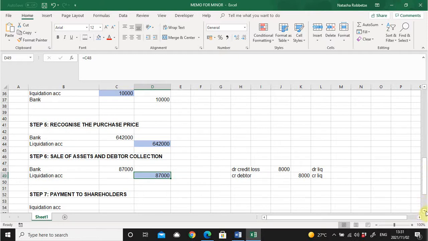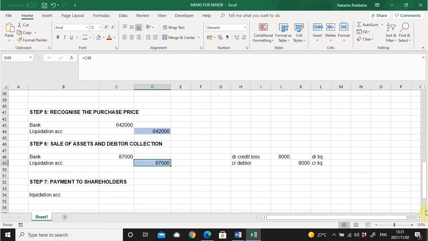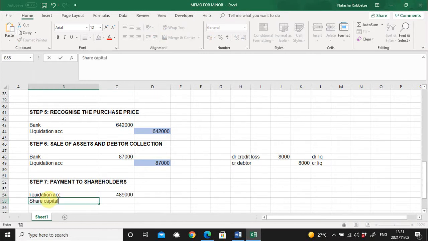So because that balance, if I add the balances in the blue, I get a credit balance, a positive balance, I now need to remove it. So the liquidation account will then be a debit, and I will debit the liquidation account by 489,000.